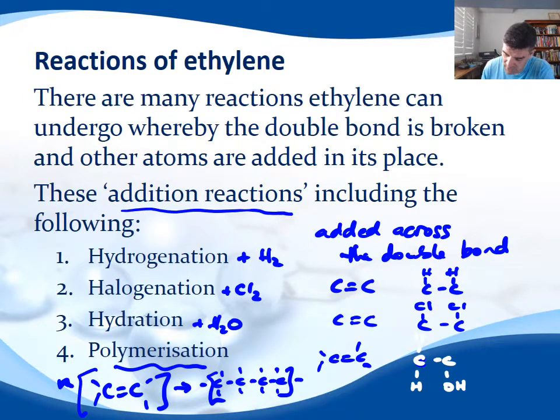The polymerization process is good for compounds of low and high density polyethylene, but it's also useful for things like PVC and polystyrene and so on, and we'll look at some of those in a later video.